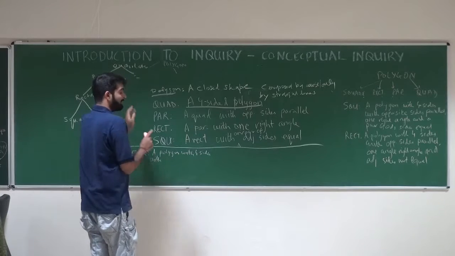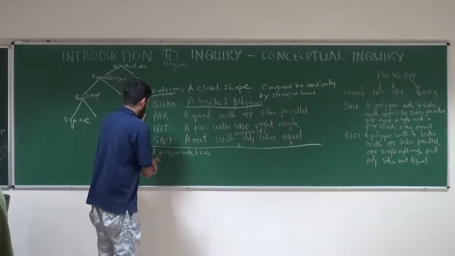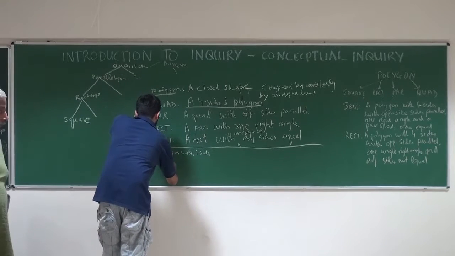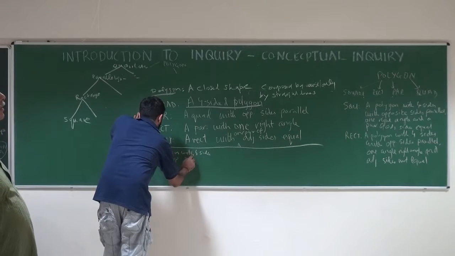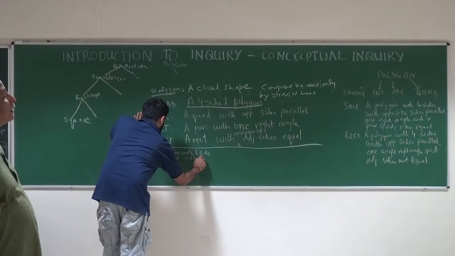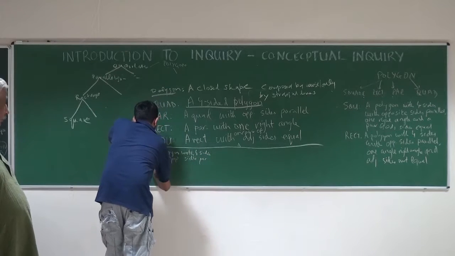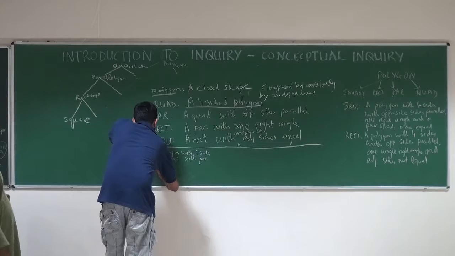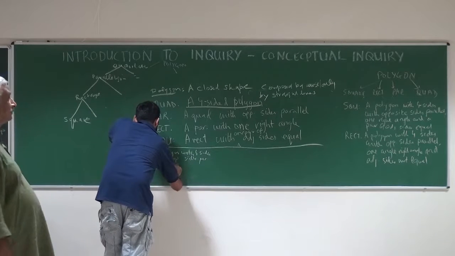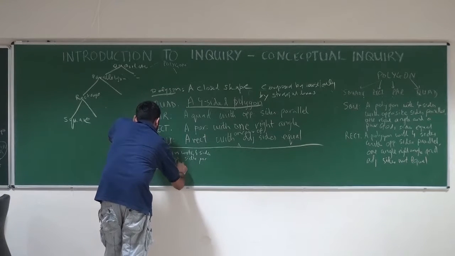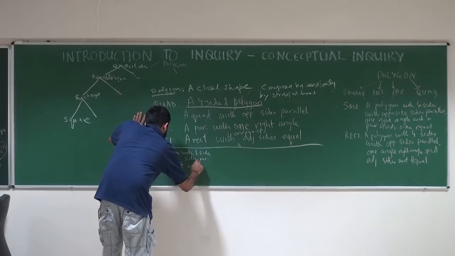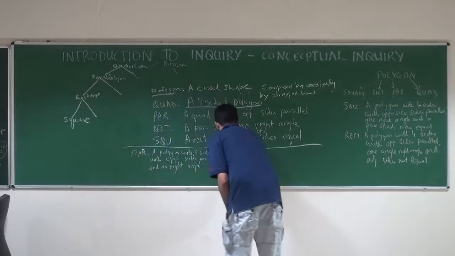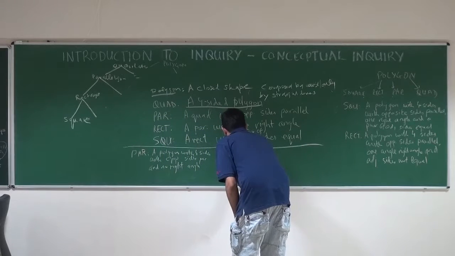So, can you repeat the definition? A polygon with 4 sides with opposite sides parallel, and no right angle. And now, yeah, square.